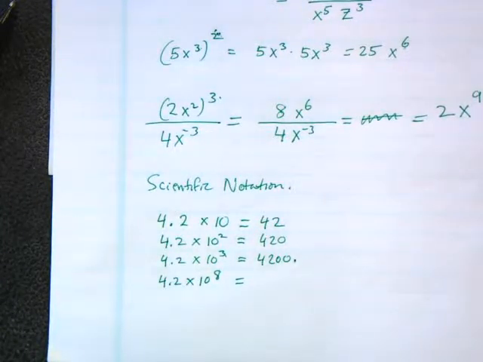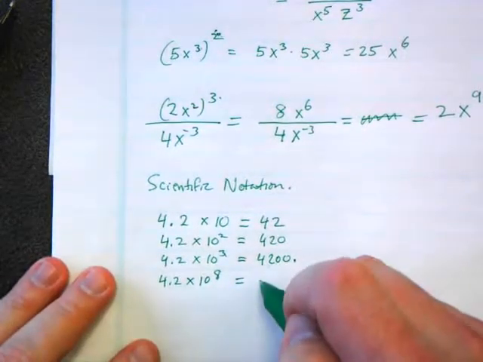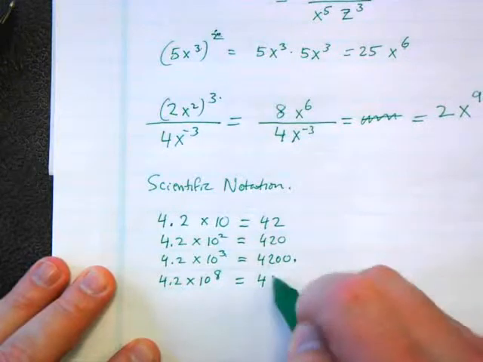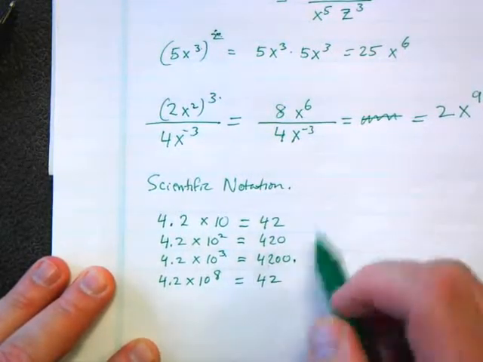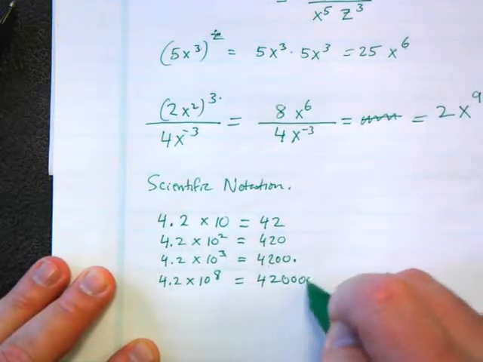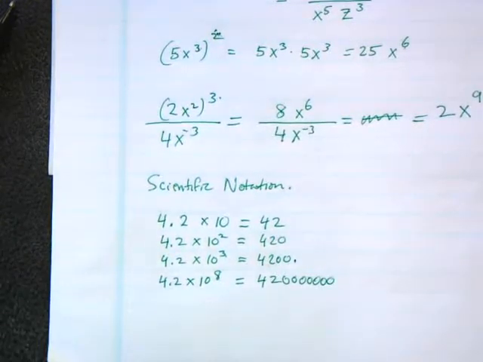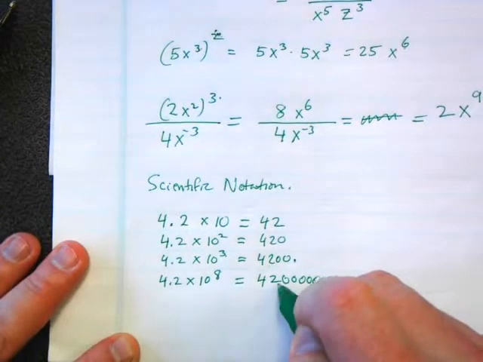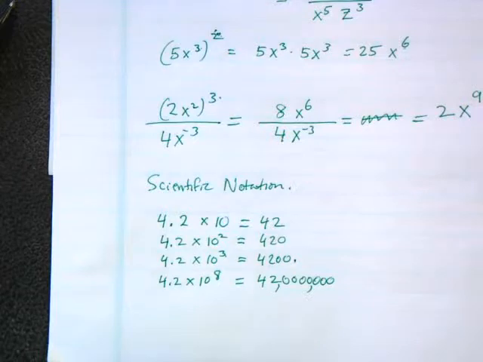How would you write that? You move the decimal 8 places. So it's going to be 4, 2, and then I got to move 7 more places, so I need 7 zeros. 1, 2, 3, 4, 5, 6, 7. So that's a fancy way of writing 42 million.